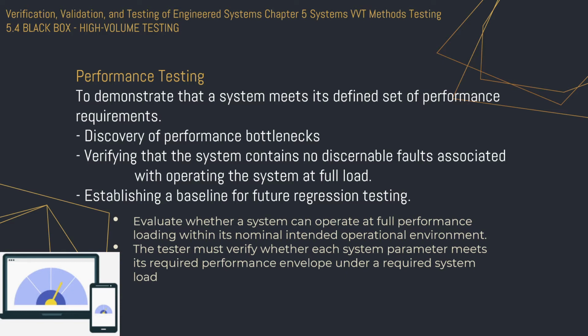If it can do more, maybe we can find out that more than 100 cups of coffee a day is possible, so maybe we can raise it to 150 or 200. We can see if the system operates at full performance when the load is nominal, as intended for the environment. A tester must verify whether each system parameter meets its required performance under the required load.